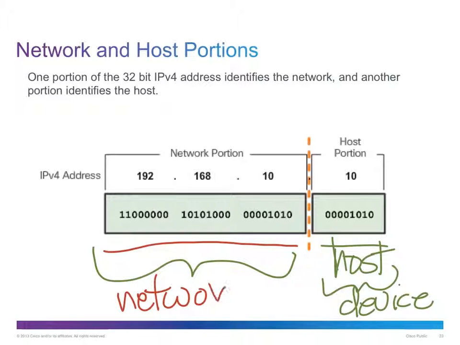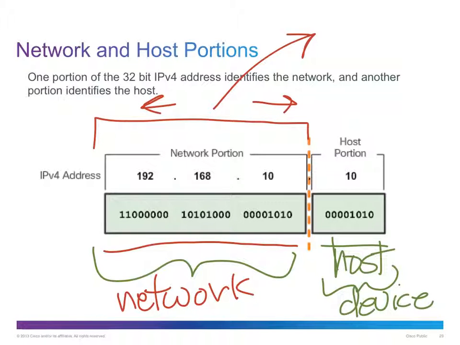When it hits a router, the router needs to look at the network part and decide which network to send it to, and if it doesn't have a network, and there's a default gateway, it sends it out the default gateway. So that's the first thing. We have the network part of the address, and we have the host portion of the address. This identifies a specific host, and this identifies a specific network.